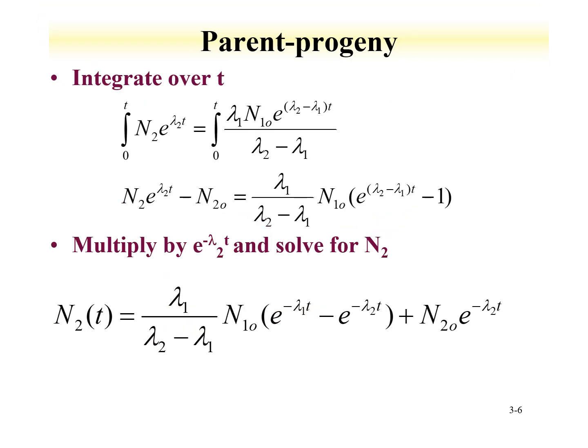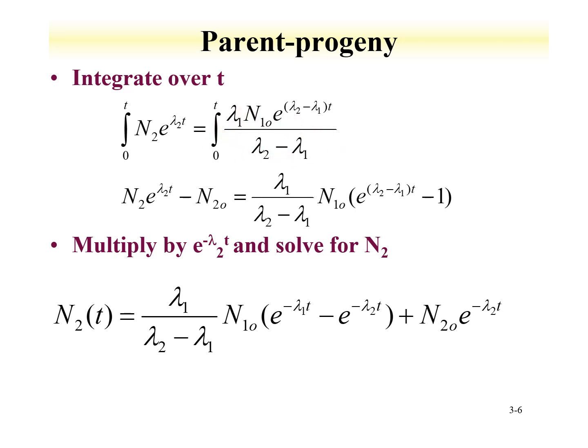Now let's integrate over time. So let's provide the integral, and we get this term. Let's integrate over what we see here, lambda 1 n1 naught e to the minus (lambda 2 minus lambda 1) times t, divided by the difference between lambda 2 and lambda 1.